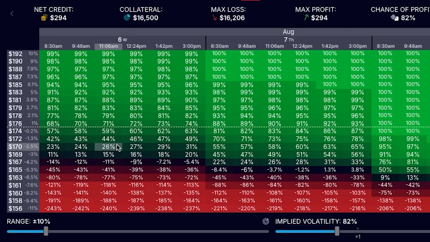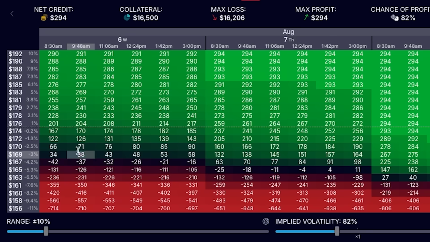So tomorrow, if you were to wake up and IV is down and this had dropped to 170, you would still be holding on to 26% of this option premium. Let's go take a look at how much that would be. So 170 right here. So you'd still have $80 just for the fact that IV dropped, even with the price dropping. So that's how powerful IV is.